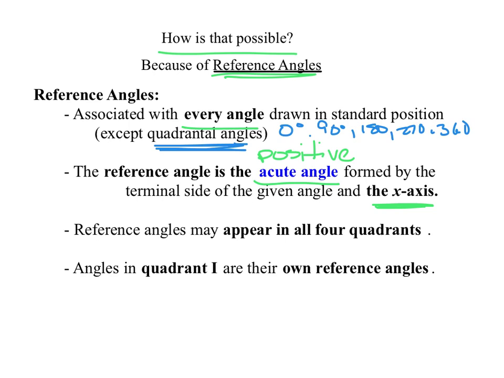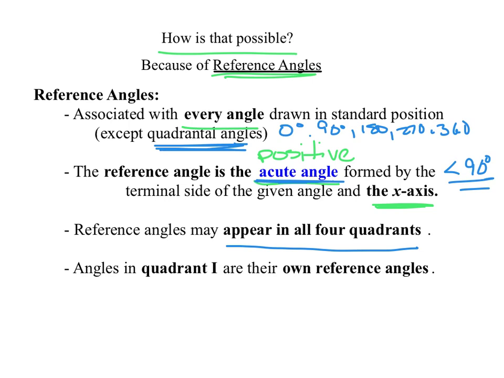Okay. And in case you forgot, an acute angle is not just a really adorable angle, but an angle that is less than 90 degrees. Reference angles appear in all four quadrants. Maybe you remember, when we sketch angles, we always start on the positive x-axis.